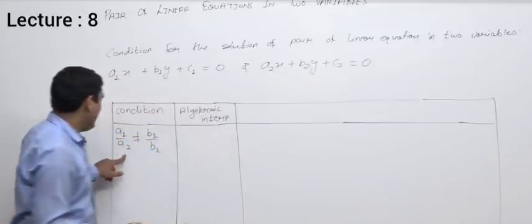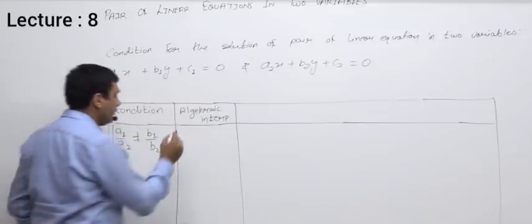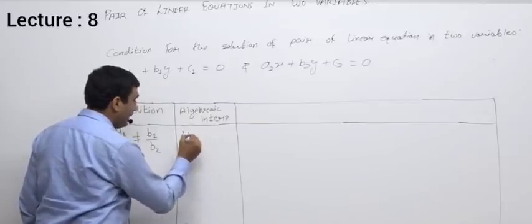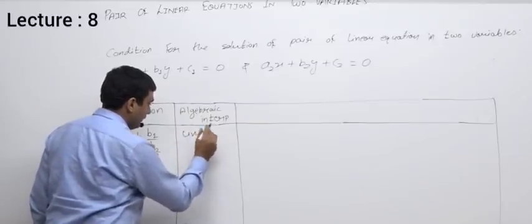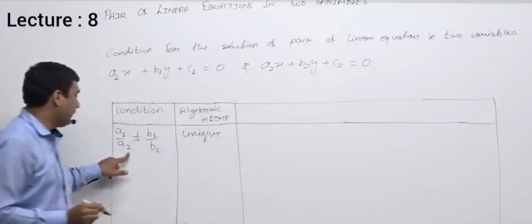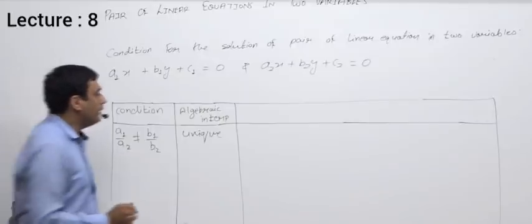When we have a1 upon a2 not equal to b1 upon b2, I can say the solution of the pair of linear equations will be unique. So this is the condition of unique solution, that a1 upon a2 should not be equal to b1 upon b2.